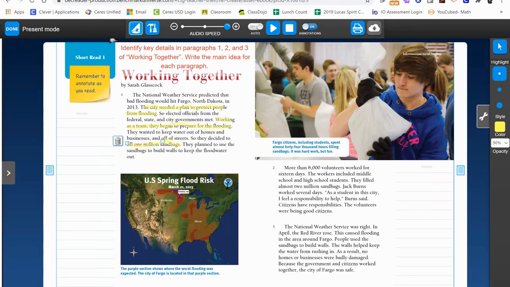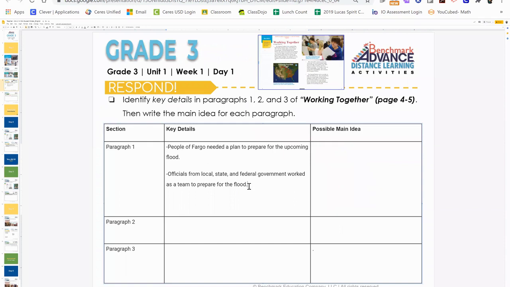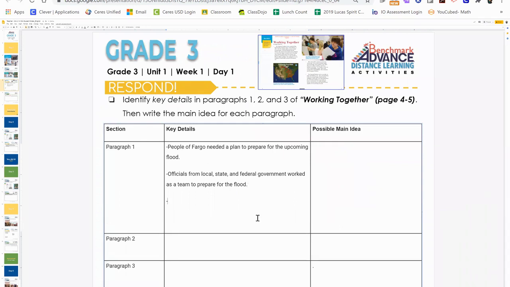So how did these officials work together to prepare for the flood? What did they do? They planned to fill sandbags to keep the flood water out. Okay, and I am done writing my key details now.